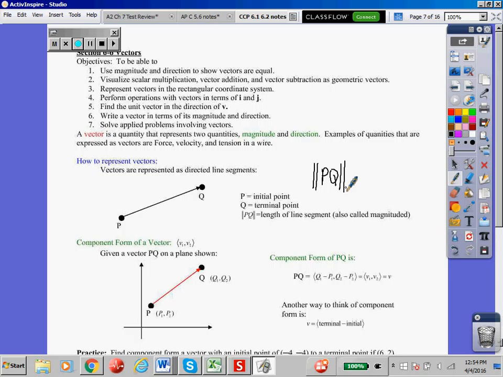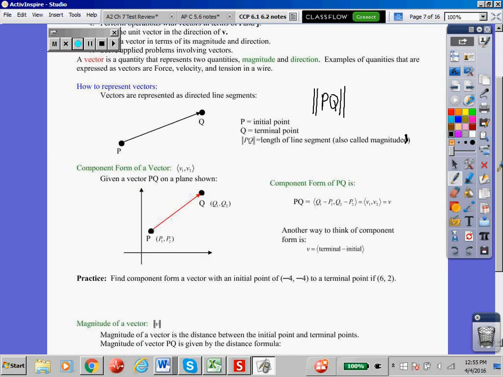It looks like a double absolute value symbol. It's not, but it represents the length. That's also referred to as magnitude. That's a typo, not magnituded. Magnitude is the length, and we're going to use the distance formula. Okay, you will use, and so you already know that. That isn't anything new, except that that's what we're calling it.